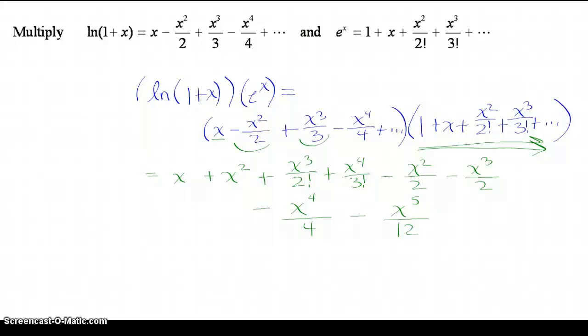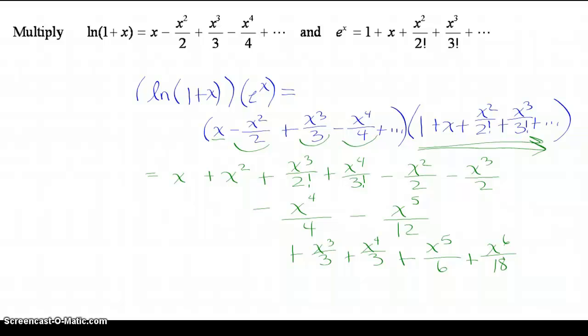Now I'm going to come back to this term and multiply it by every term over there. And so I'm going to get an x cubed over 3, and an x to the 4th over 3, and an x to the 5th over 6, and an x to the 6th over 18.